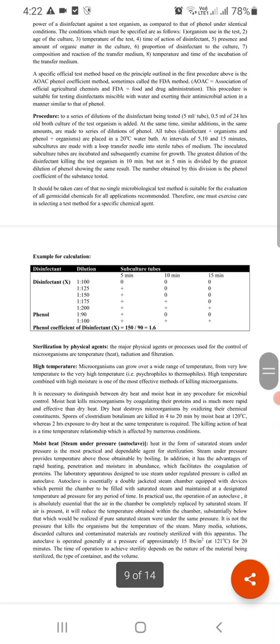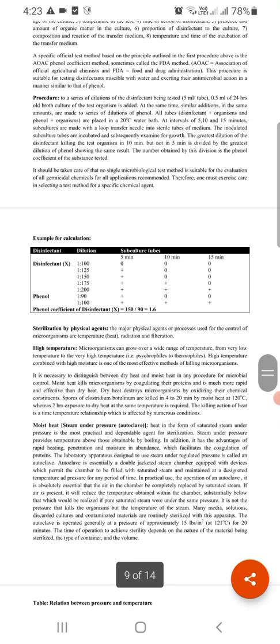Now, below is an example for calculation of the phenol coefficient. Suppose you have taken dilutions of disinfectant of 1:100, 1:125, 1:150, 1:175, and 1:200, and phenol dilutions of 1:90 and 1:100.